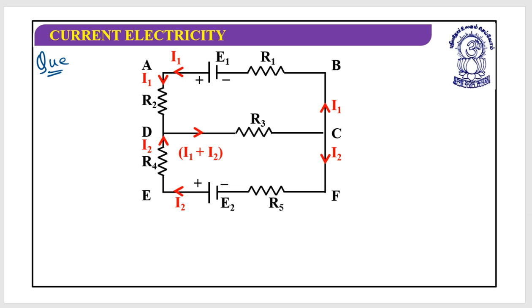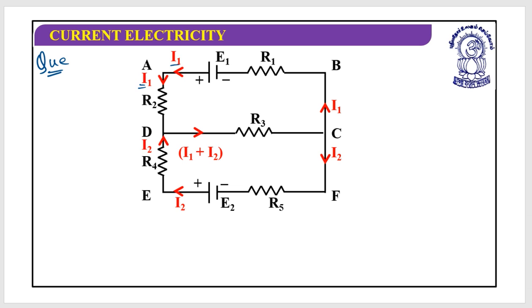Let's have a look. First, observe this diagram very carefully. Here, for your help, I have mentioned the currents as well, but when you are practicing this, only the circuit would be given, and you need to consider the current direction as well as the current's value. So let's begin.